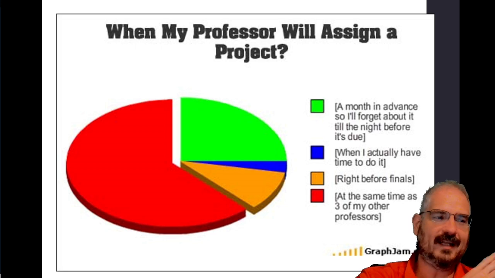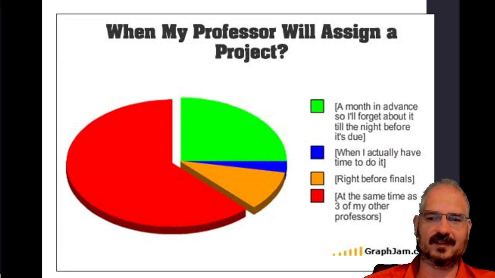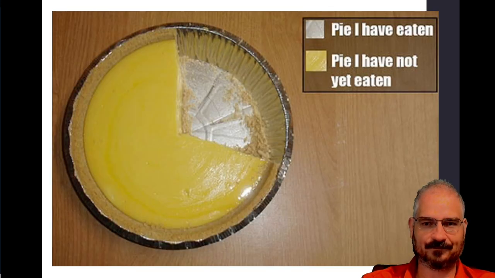The giant red section over there on the left is the same time as three of my other professors. The orange slice is right before finals, and then that tiny little blue slice is when I actually have time to do it. So again, the entire circle is 100% of the time, and then each section is a proportion of that 100% of the time, right?